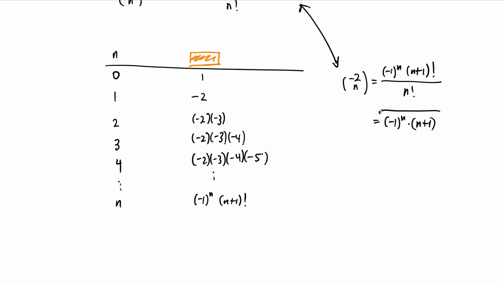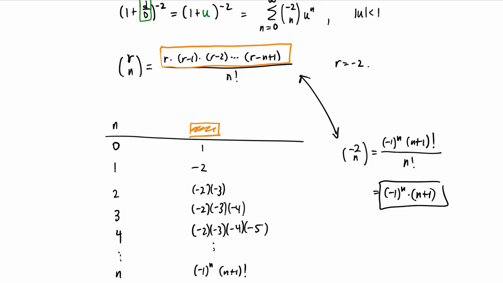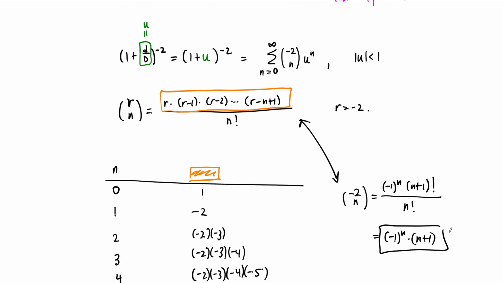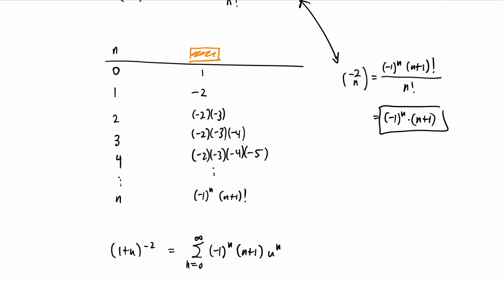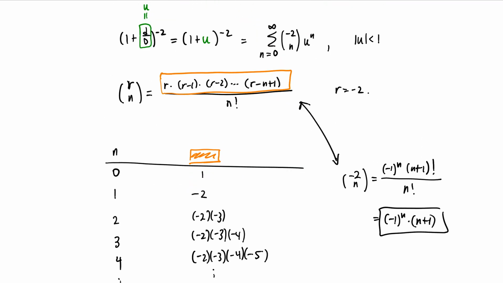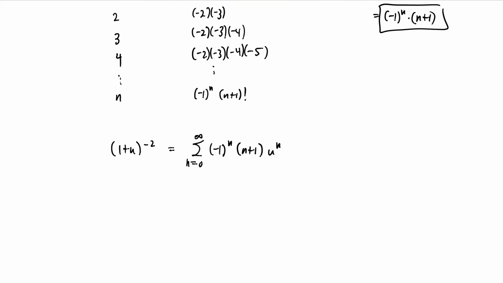And so there's our coefficients right there. And we can write down our binomial series in terms of these coefficients, right? So what we have is 1 plus u to the power -2 is equal to the sum, n goes from 0 to infinity, -1 to the n times n plus 1 times u to the n. And again, this converges. So that's exactly right. This converges for absolute value of u less than 1.